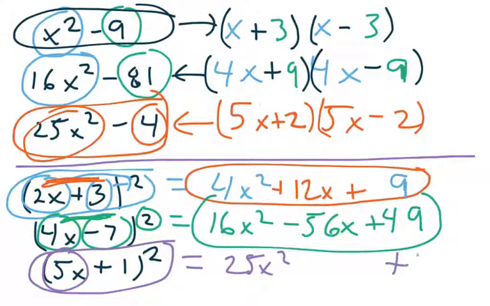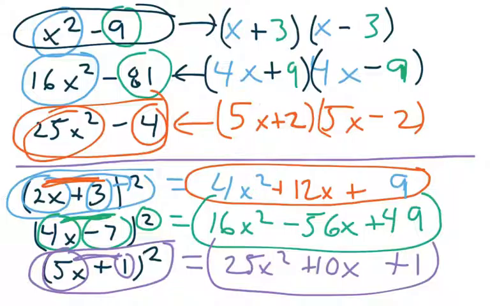Hopefully you got a plus 1 at the end, because 1 times 1, or 1 squared is 1, and timesing it together, you should have gotten 5x, but it's going to double. That's the pattern, guys. You're going to get 10x. So hopefully you understand that special product.